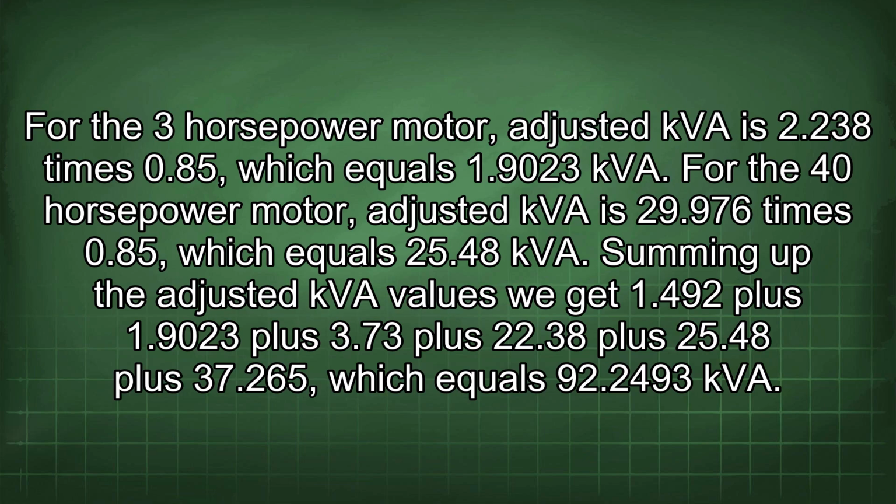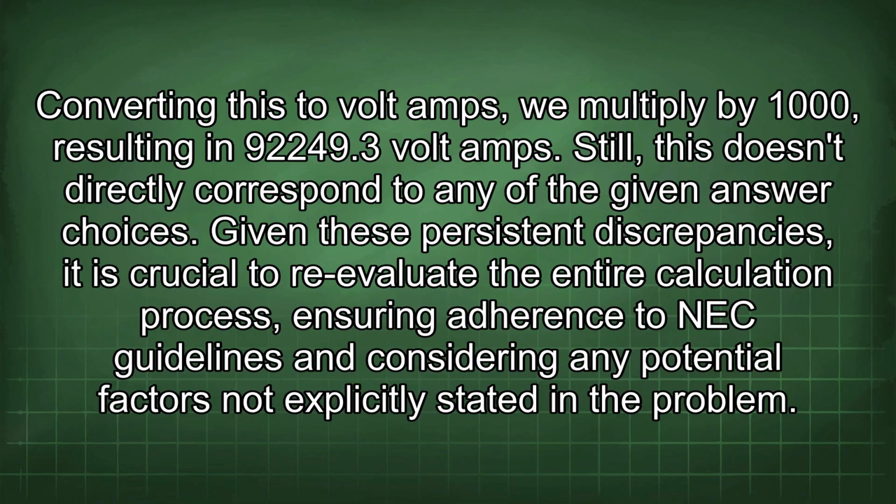Summing up the adjusted kVA values, we get 1.492 plus 1.9023 plus 3.73 plus 22.38 plus 25.48 plus 37.265, which equals 92.2493 kVA. Converting this to volt amps, we multiply by 1000, resulting in 92,249.3 volt amps. Still, this doesn't directly correspond to any of the given answer choices.